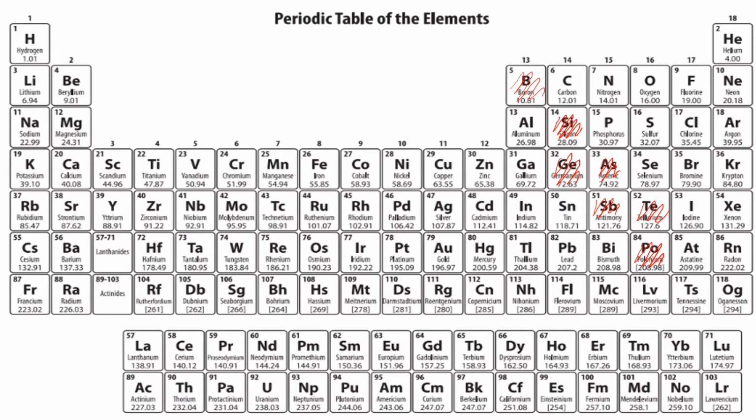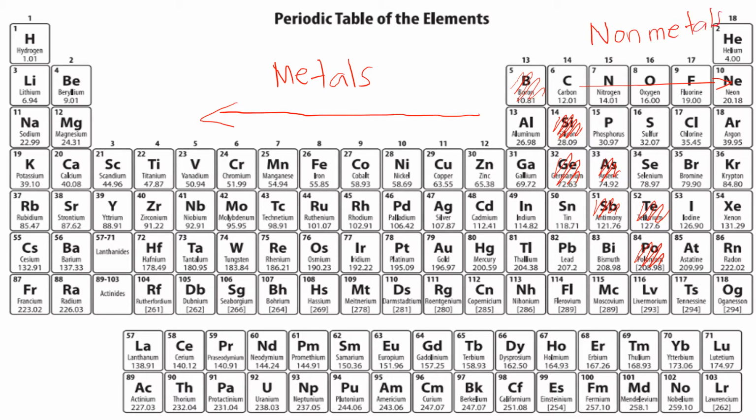Meaning, if you go to this side, this is more of your metals. If you go towards this side, this is more of your non-metals. And the ones that are shaded are your so-called metalloids. This is the first way scientists separate elements: according to metals, metalloids, and non-metals.